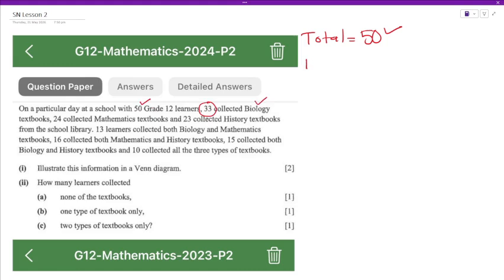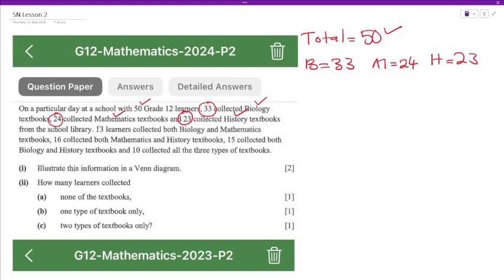Biology, meaning the set for biology has a total of 33. 24 collected mathematics, so the set for math has a total of 24. When you add everything inside the set for math, the total you should get is 24 textbooks, and 23 collected history textbooks. The total for the history set should be 23 when you add everything in that set.